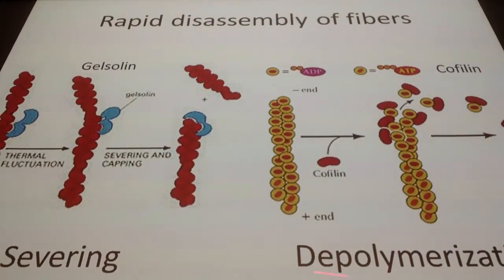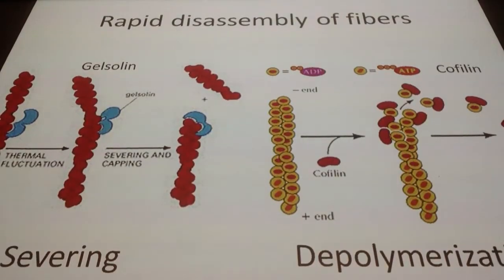Depolymerization first. Depolymerization is the process by which a G-actin, a monomer, is removed one at a time from the end, right? It shows here that it's removed from the minus end, but not at the plus end, and we'll go into more details about this in a minute, okay? The idea about depolymerization is that a protein called cofilin is required.